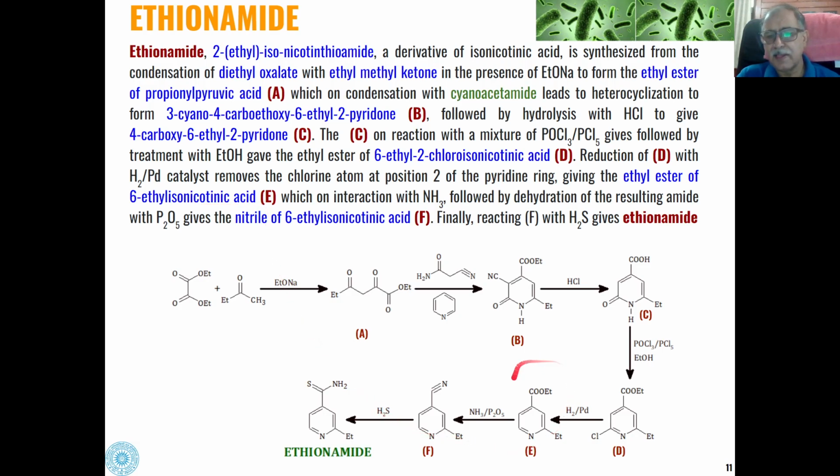isonicotinic acid. This is formed, and this on reaction with ammonia and phosphorus pentoxide is converted into cyanide.